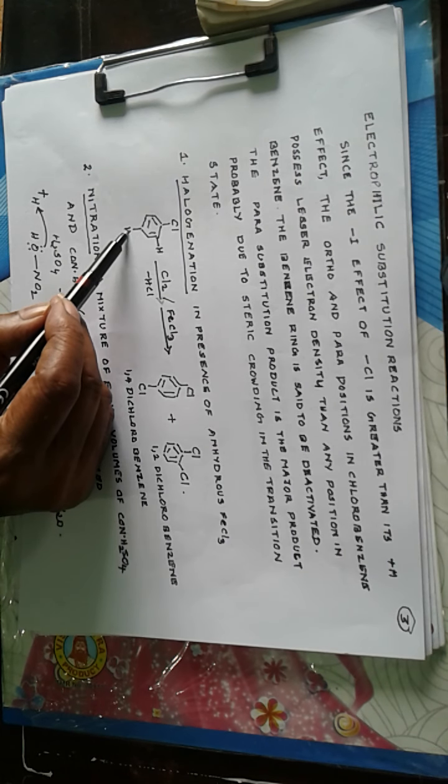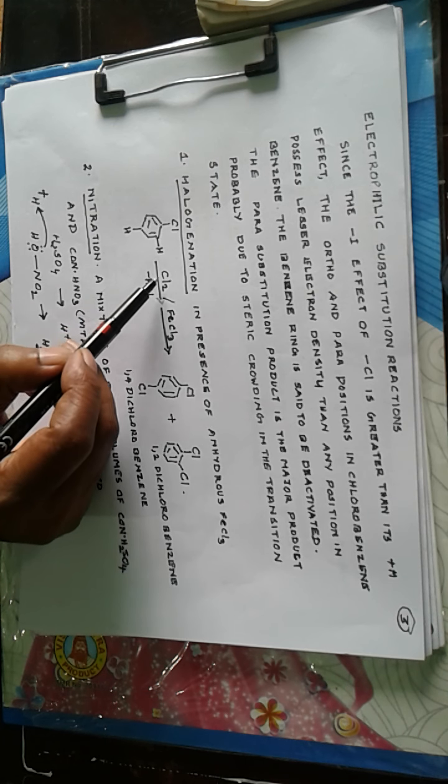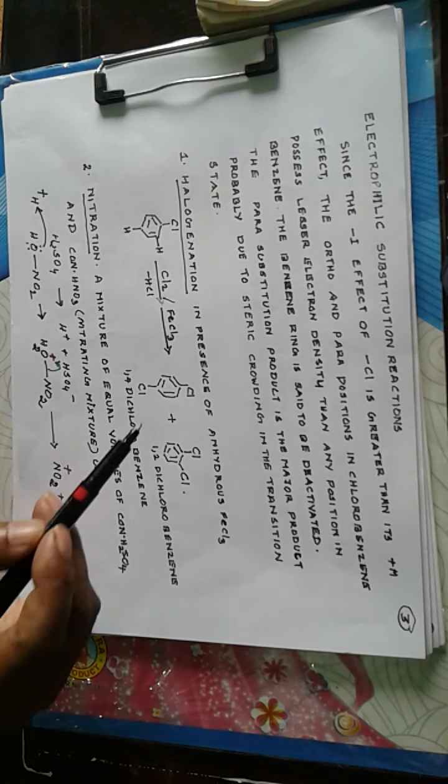When H in the para position is replaced, chlorine enters the para position to get another dichlorobenzene, that is 1,4-dichlorobenzene. Para-dichlorobenzene is used as a moth repellent.